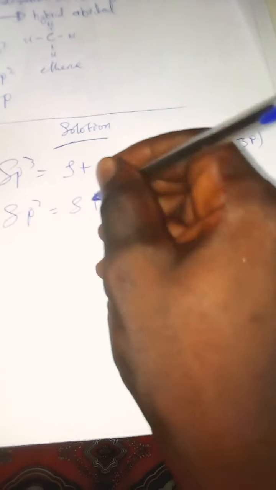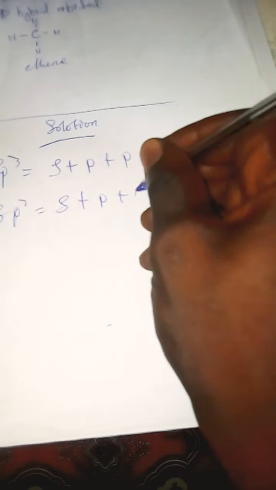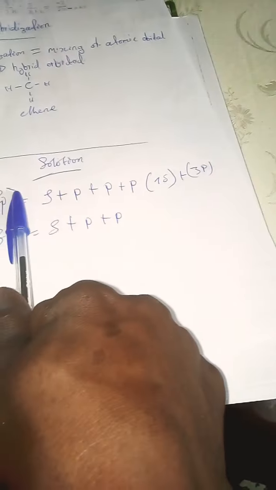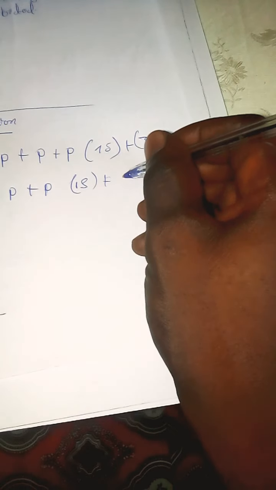We have the s plus the p plus the p, because here it is 2p where before it was 3p. So sp2 hybridization is the mixing of 1s plus 2p.